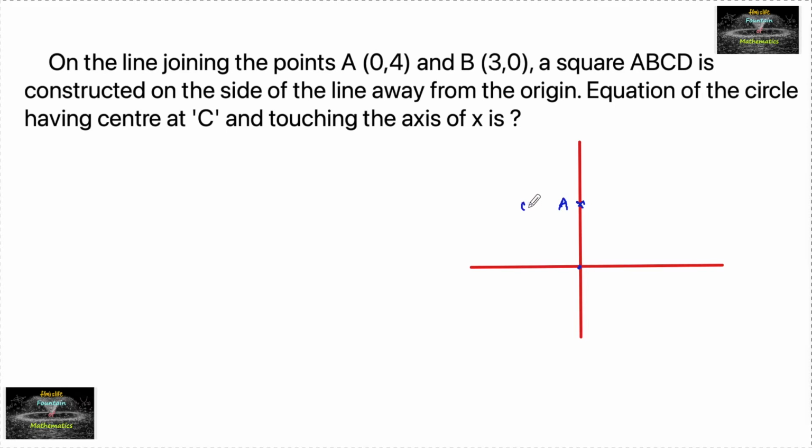Say this is A(0, 4) and B(3, 0). A square ABCD is constructed on the line away from the origin. So here it's origin this side, so we need to construct a square away from the origin.